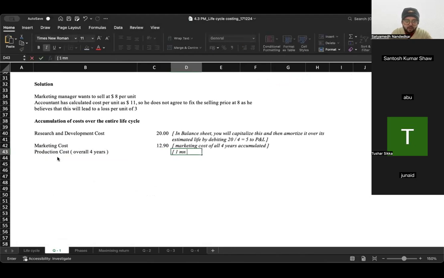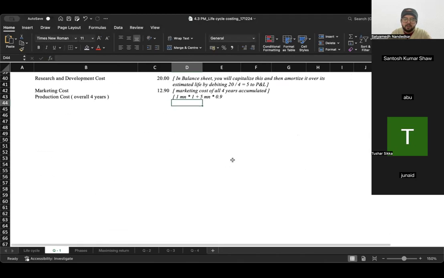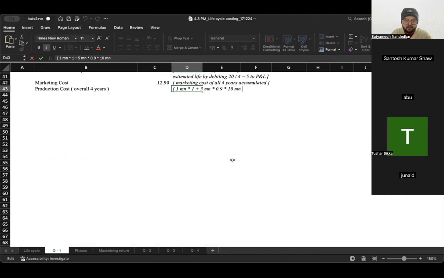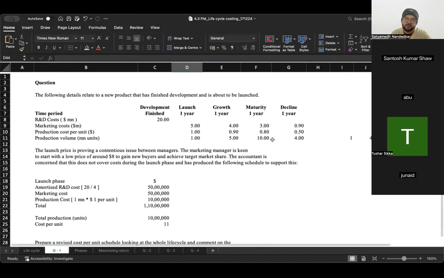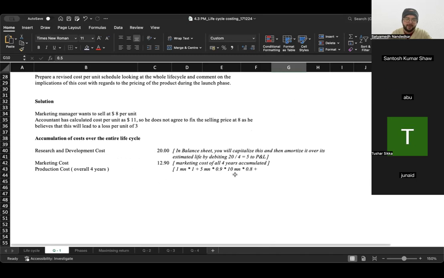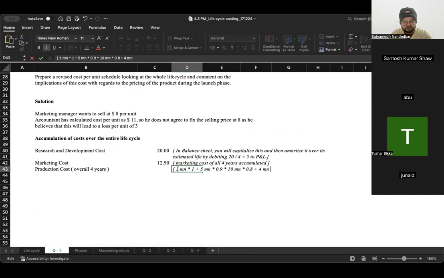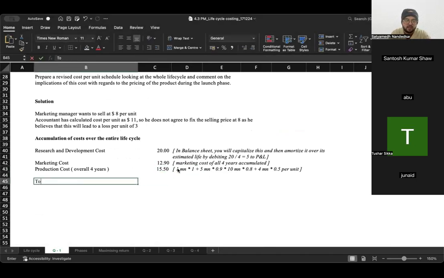Okay, so you have 1 million units into 1 per unit, plus 5 million units into 0.9 per unit, then 10 million into 0.8 and 4 million into 0.5. 1 into 1 plus 5 into 0.9 plus 10 into 0.8 plus 4 into 0.5. That is 15.5.